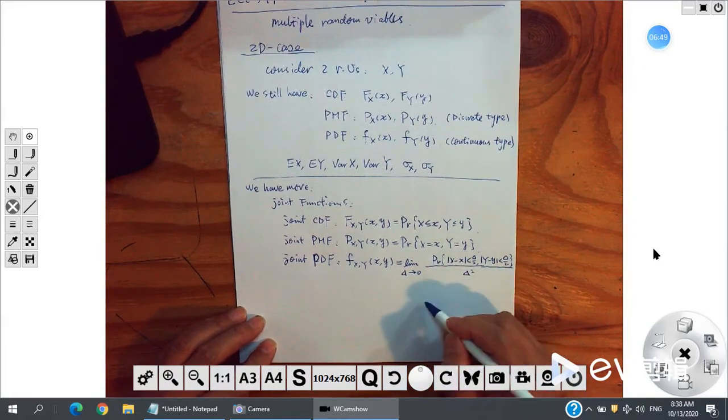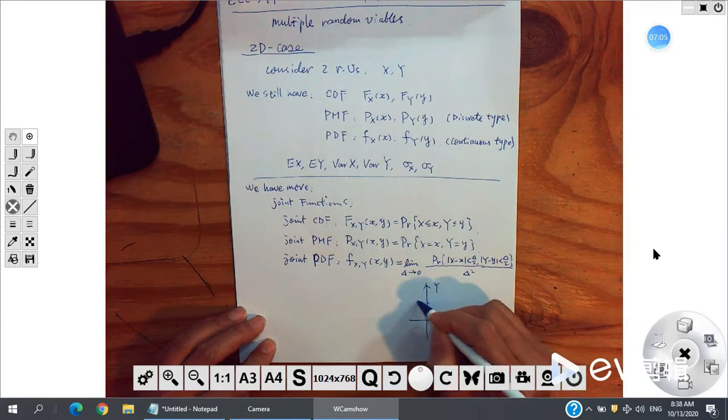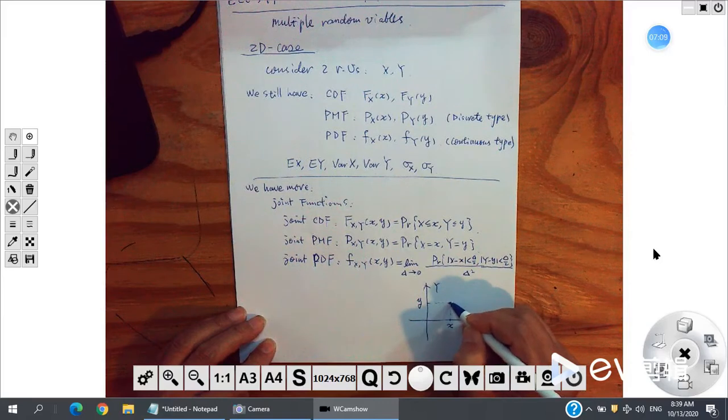The meaning is like you check the whole space. This is x, this is y. You can think this is the whole sample space. Now we check here where capital X equals x and capital Y equals y. Nearby this point we choose a small area and consider it as an event.